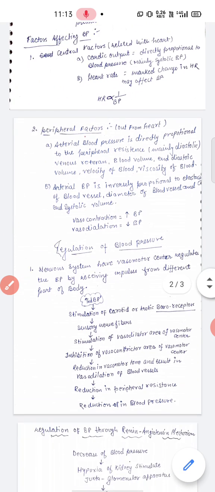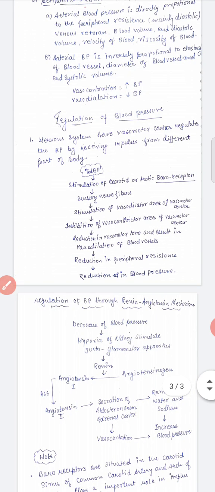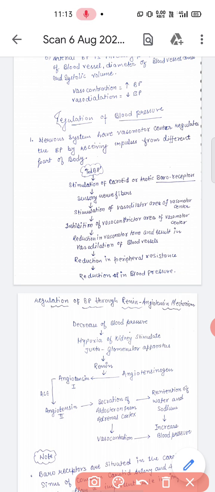Now we are discussing how your blood pressure is regulated. Your pressure is regulated by two mechanisms. First is the nervous system. In this situation your vasomotor centers regulate the BP by receiving impulses from different parts of the body. If your BP increases, that stimulates the cardiac or aortic baroreceptors.